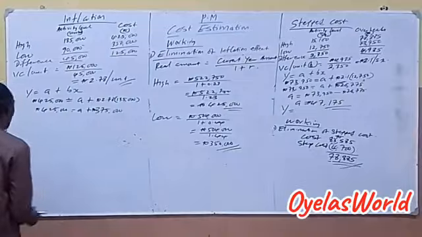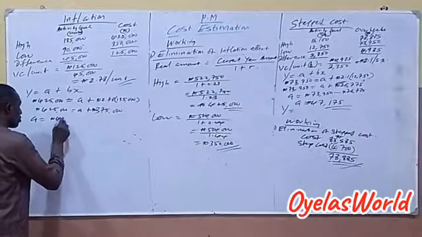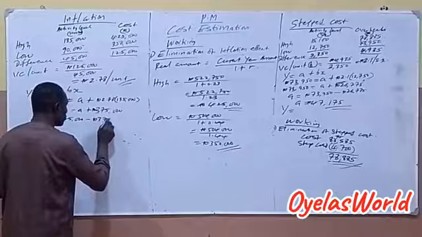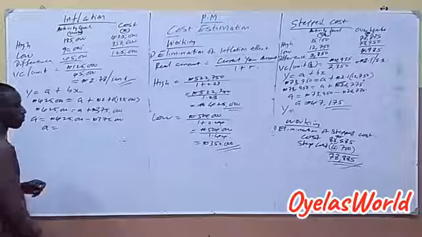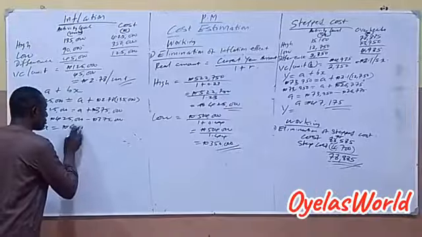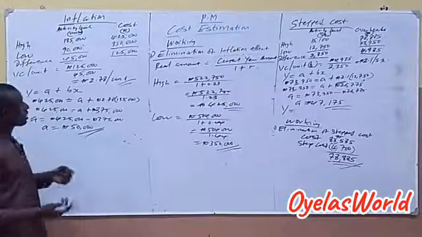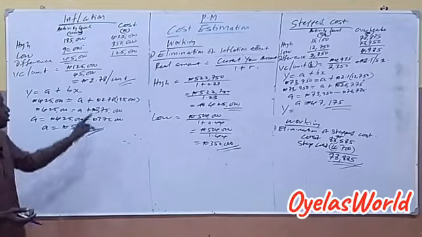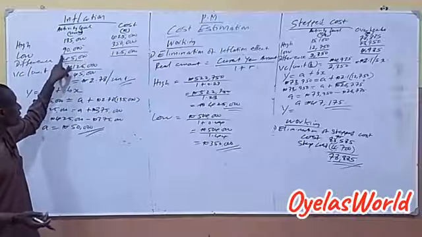So now we have a equals 425,000 minus 375,000. A is 50,000 naira. If you check the same thing for low, please pick your calculator: 2.778 times 90,000 plus 50,000 should give 350,000.